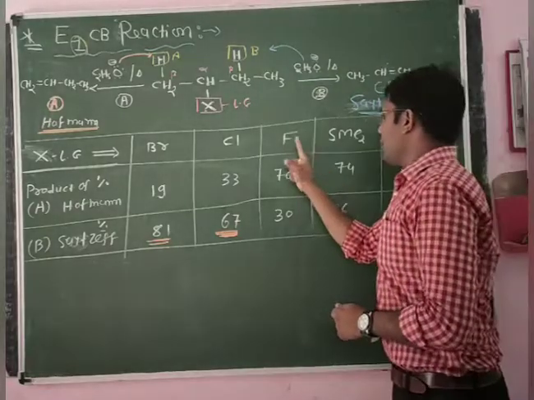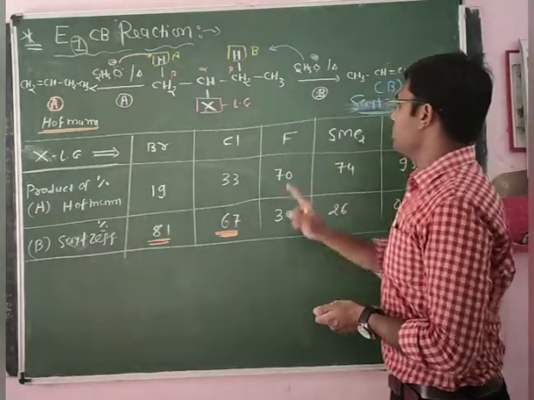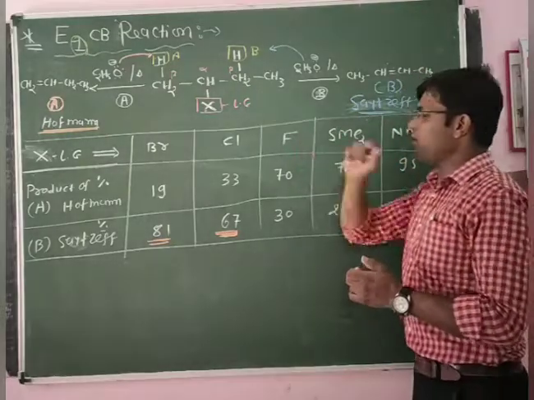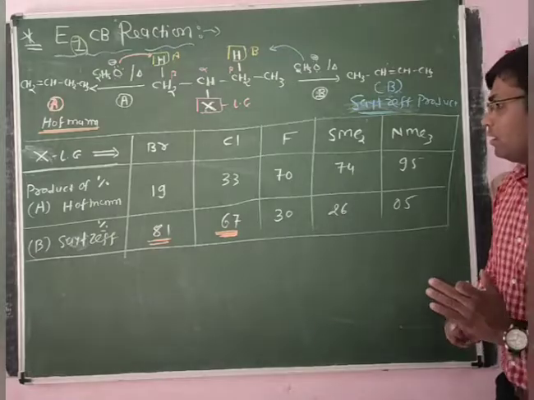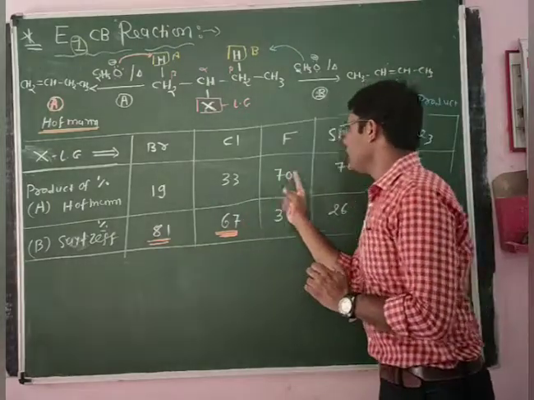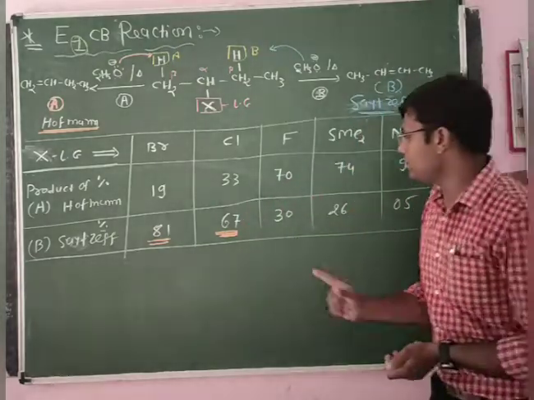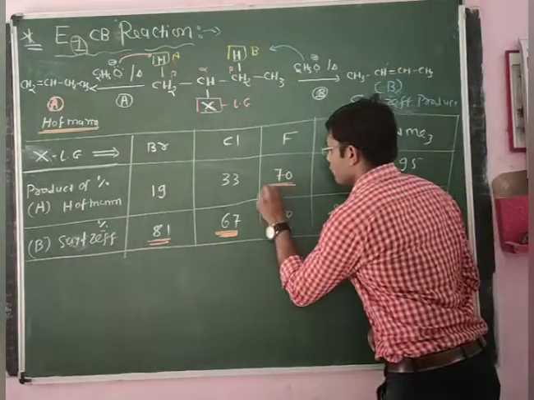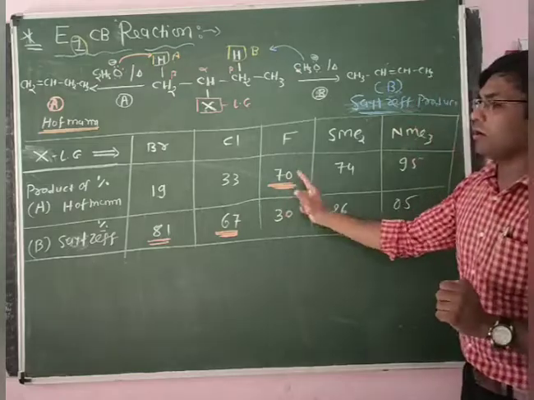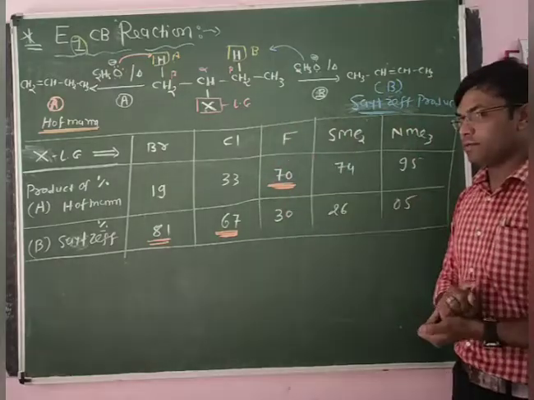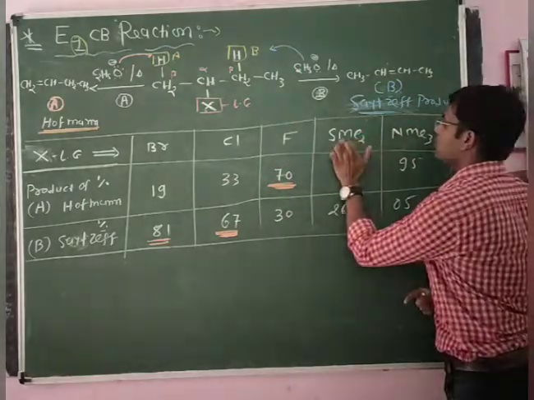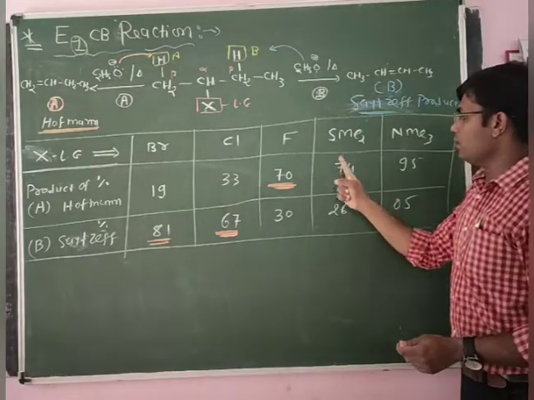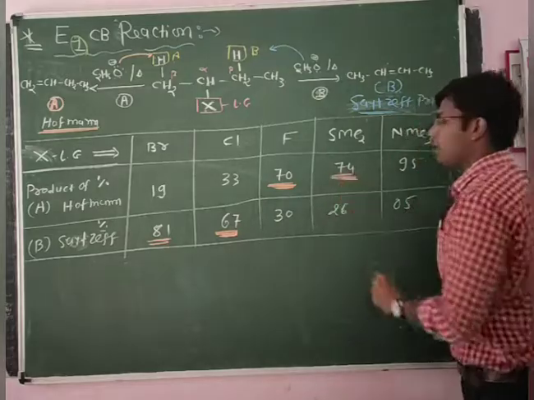And now in the third example, if we consider fluorine as a leaving group, then our Hofmann product is 70% and Saytzeff product is only 30%. So in this case, we get the Hofmann product as the major product. Similarly, if we consider dimethyl sulfide as a leaving group, then we get the Hofmann product 74%.